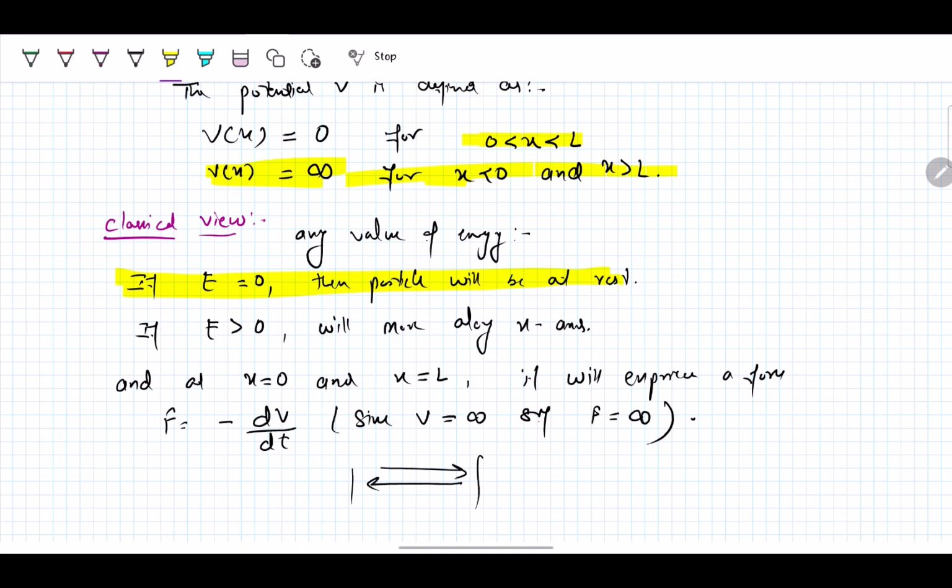So this is the classical result. This is the classical view to solve this kind of problem: we may have any value of energy, and if the energy is zero, then the particle will be at rest inside the box.